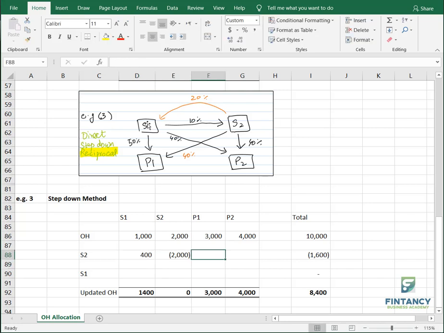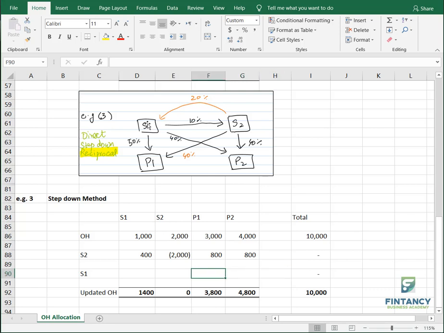And how much? 40, 40, so 2000 into 0.4 here. And same here, 800, same. Like this, we will allocate S2 first. This is called step down. Now we have stepped down. We cannot step up again.